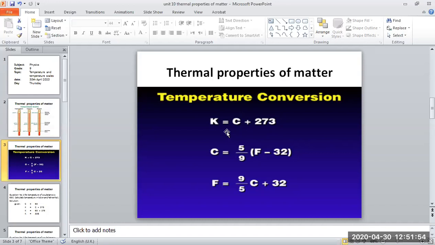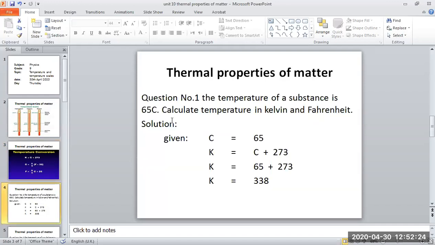If you are given Celsius and you want to change it into Fahrenheit, you put the value in this formula and you find the answer in Fahrenheit. These three are conversion formulas that we can use to convert from one unit to another.